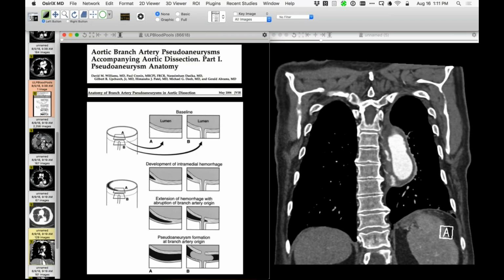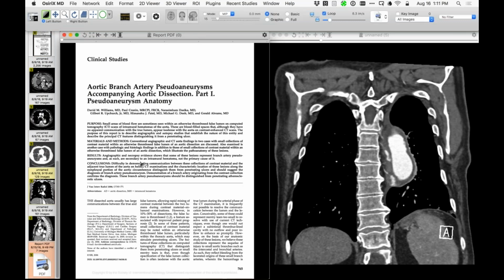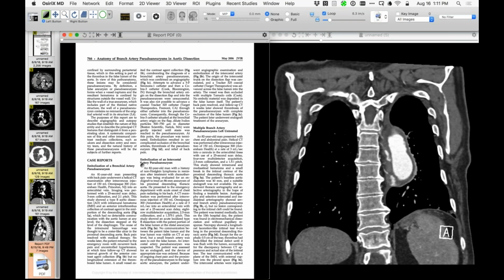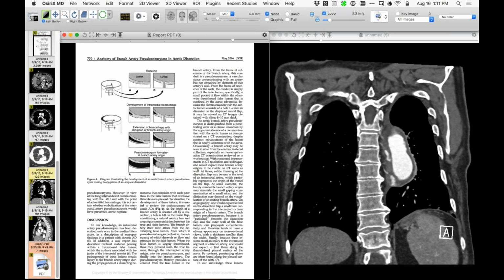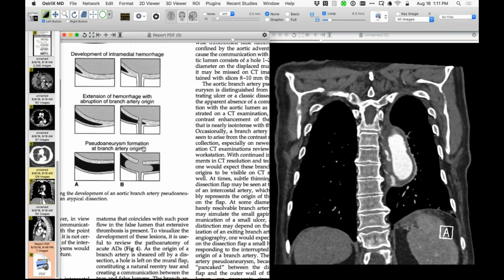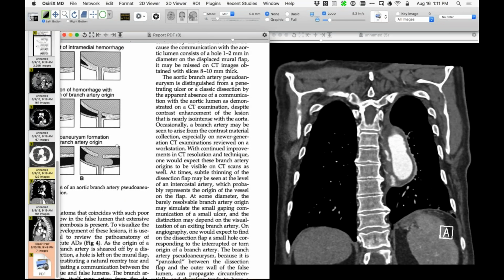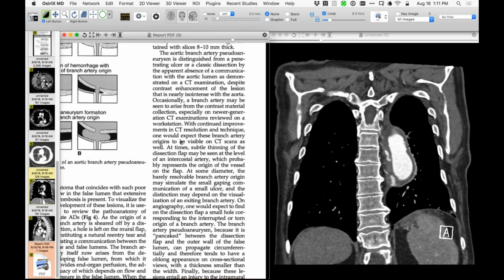But what I really like about this particular concept, and here's the article, the parent article, that is a really nice description of this phenomenon, is that they make the comment here towards the end of the article, and I'll mag this up, that they were predicting quite correctly that as scanners got faster and we have great spatial resolution, we're going to start to see, as you see here, that these branch artery origins will start to become visible.